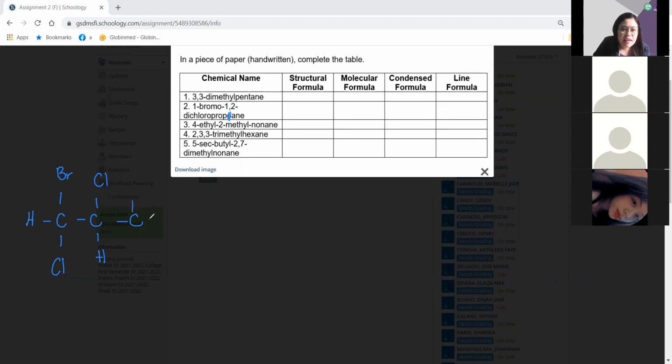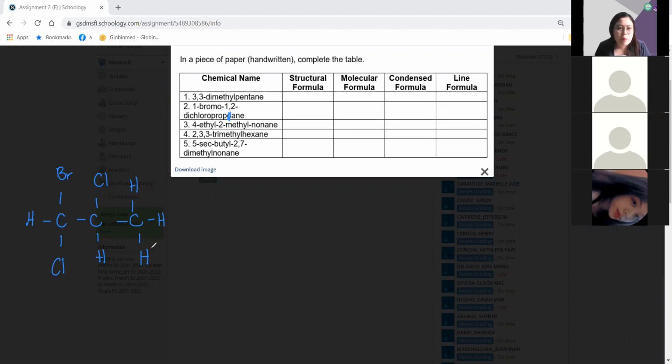And lastly, isang bond lang for the last carbon, so we have 3 hydrogen here. So this is now the structural formula of the compound in number 2. So again, it doesn't matter whether you write the chlorine on top or the bromine sa baba, as long as they are connected to the correct carbon in the parent chain.